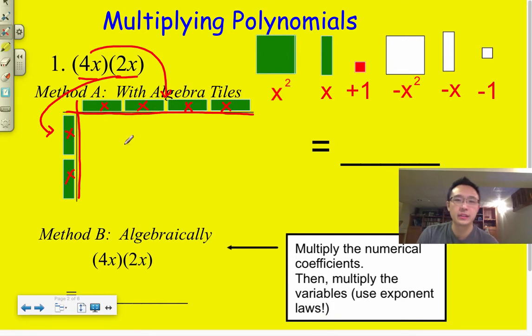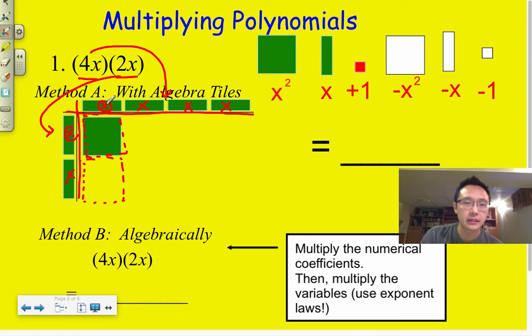Basically, how you want to use this is you're going to try to figure out what shape goes in here. So you have an x and an x. If these were to combine, out of all these algebra shapes, which one can go in? Well, you can see that it looks like this, so there's a square. Then the next box is from here to there and there to there.